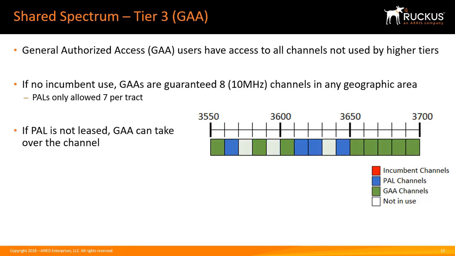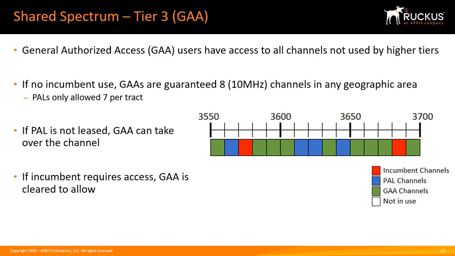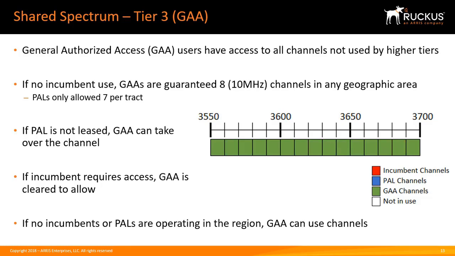If there are fewer than 7 PAL licenses assigned, GAA users could begin using those channels as well. Of course, if an incumbent begins using any of the frequencies, the GAA or the PAL user must stop. Therefore, theoretically, all 15 channels could be used by GAAs if there is no incumbent or PAL usage.